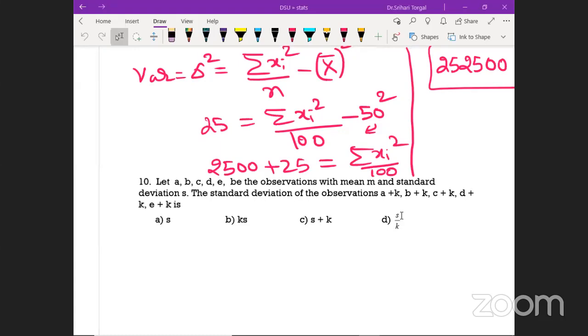Observations with mean M and standard deviation, yes, the standard deviation of the observations. If all the data are added by plus k, then there is no change in the standard deviation. Exactly, option A is the right answer. Good. Next.